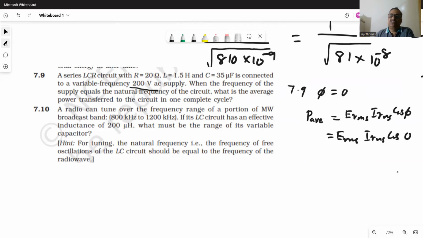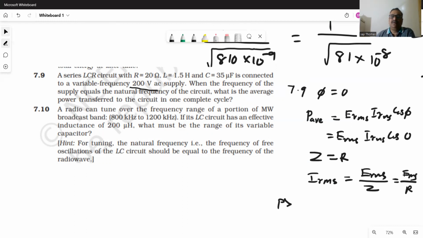Also, you know, at resonance, the impedance of the circuit equals the ohmic resistance. Impedance is R only here. E RMS is given, so we can find out I RMS. I RMS is E RMS divided by Z. But Z is R here. So I RMS is E RMS by R.